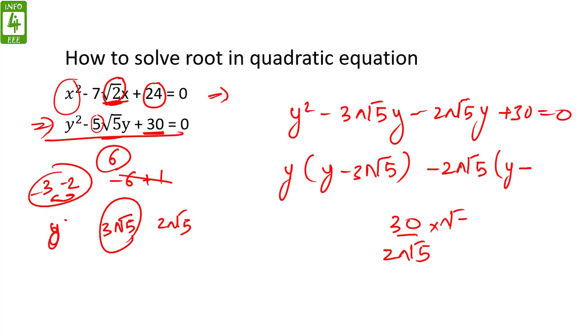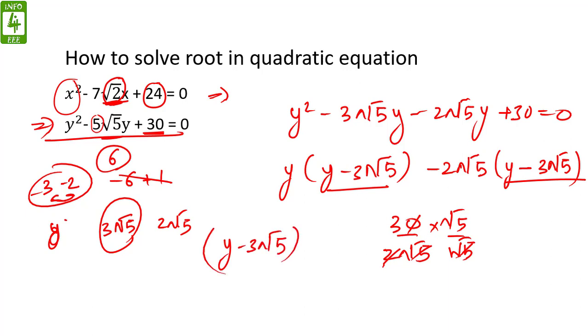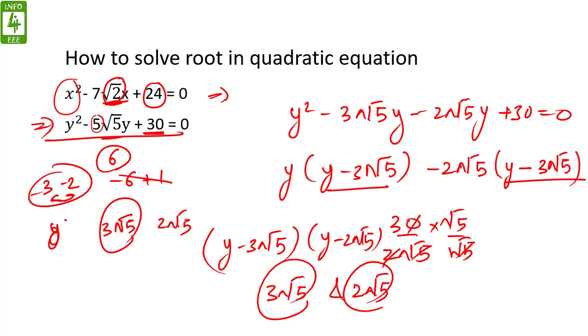If you multiply root 5 on both sides, 5 into 2 is 10, so it will give you 3 root 5, right? And if you take this common, y minus 3 root 5 is common, and the second value is y minus 2 root 5, and the answer is 3 root 5 and 2 root 5. So in a shorter way you can also solve. So this is how you will solve when a quadratic equation comes with some square roots.